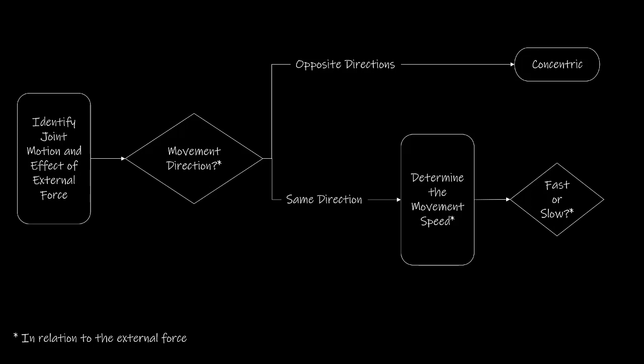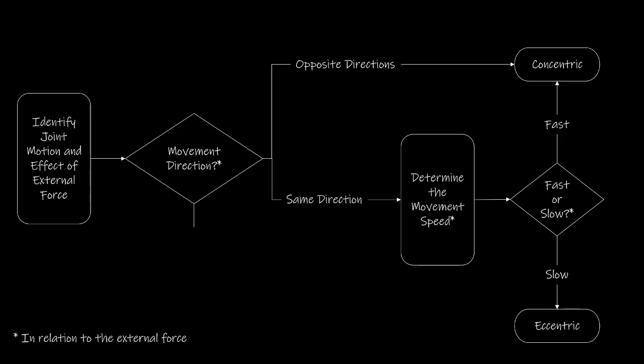Is that joint motion occurring faster or slower than the effect of the external force alone? If the joint motion is faster than the effect of the external force alone, then we can conclude that we have a concentric MTC action. If, on the other hand, the joint motion is slower than the effect of the external force alone, then we can conclude that we have an eccentric MTC action.